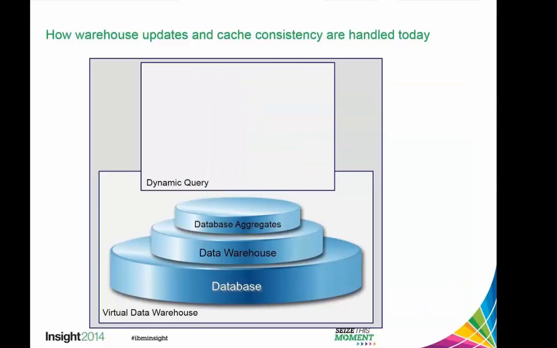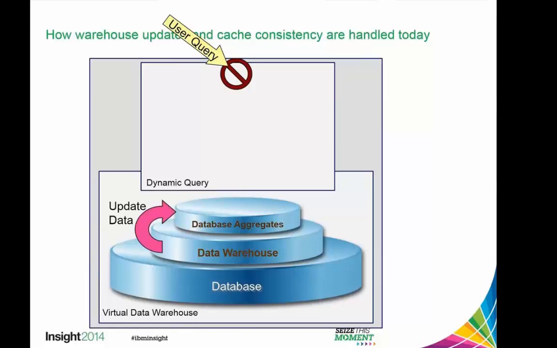What we see with a lot of customers and how warehouse updates are done today, you have to stop your cube first. And stopping your cube prevents any new user queries from coming in against the server. And once the cube is stopped, then new data is funneled into the data warehouse, updating all the different fact and dimension tables and all that.